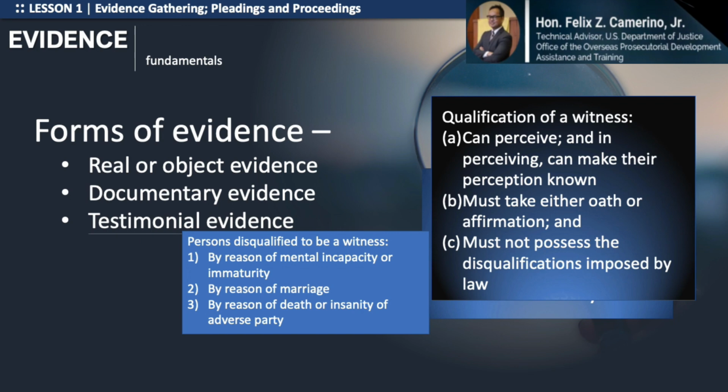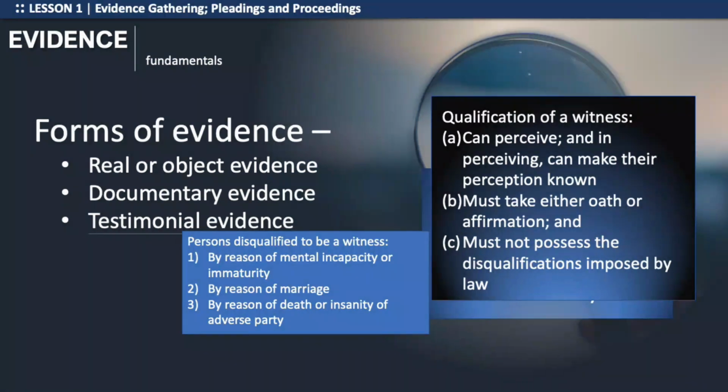In other words, there is probative value. So again, credibility doesn't really refer back to whether a person is qualified or not, but more so it just talks about whether there is probative value to his testimony.